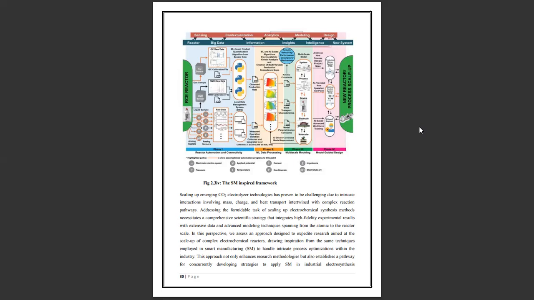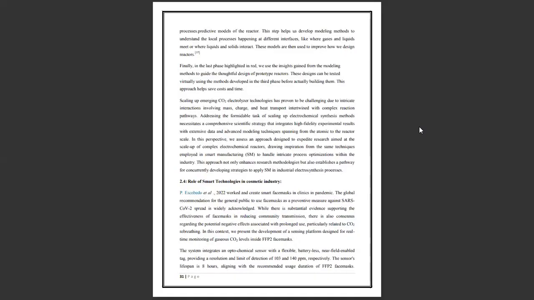In this perspective, it assesses an approach designed to expedite research and the scale-up for complex electrochemical reactors, drawing inspiration from the same techniques employed in smart manufacturing to handle intricate process optimizations within the industry. This approach not only enhances research methodologies, but also establishes pathways for concurrently developing strategies to apply SM in industrial electrosynthesis.